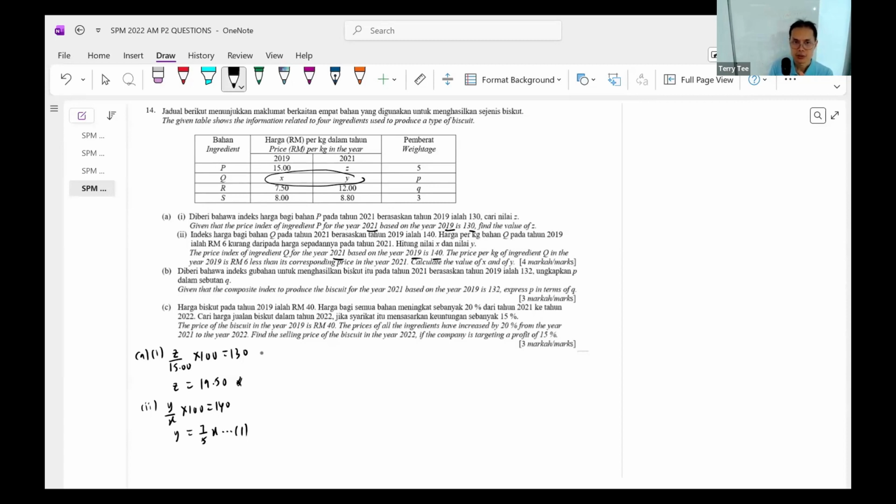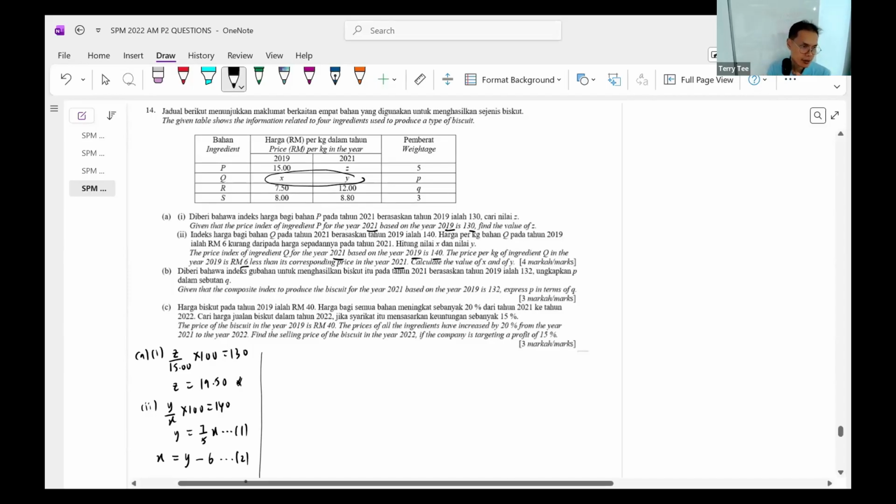First equation. We need to form 2 equations. The second equation is this. I read: the price index for ingredient Q in year 2019 is 6 ringgit less compared to 2001. So 2019 is X. Whenever X equals Y, it means X and Y have the same price. But X is 6 ringgit less, so you minus.